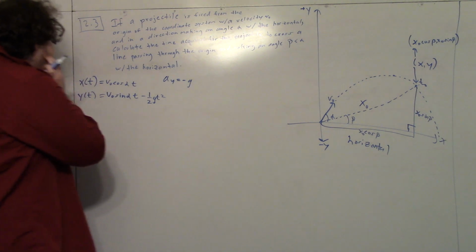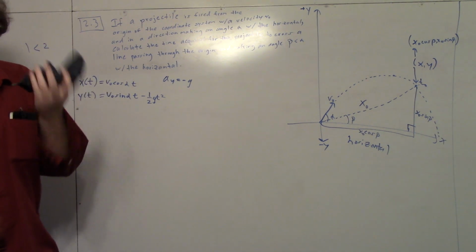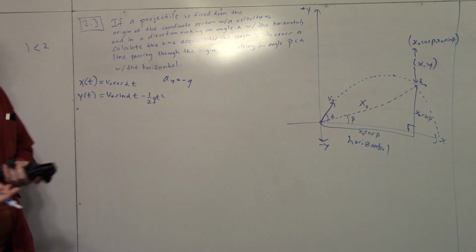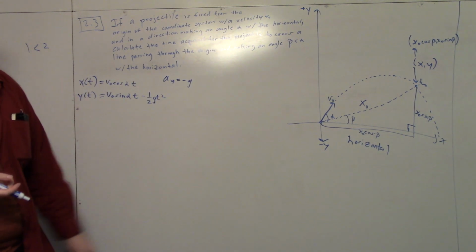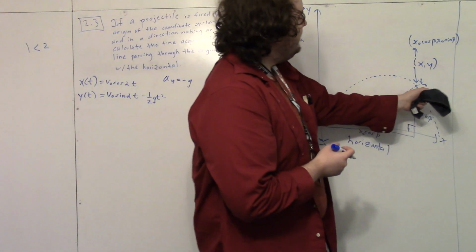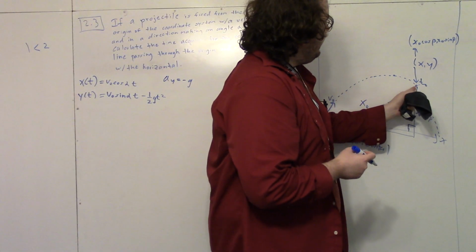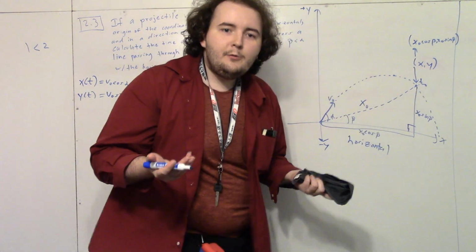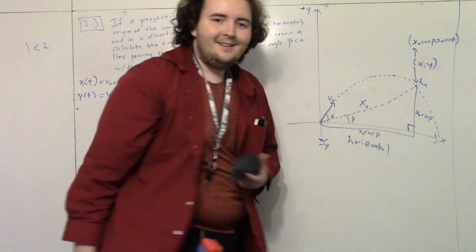So, if we want to find some time t naught, this is where our setup comes into play. Can you see that on the camera? Yep. All right. So what we want is to find the time at this position. How do we know where that position is?